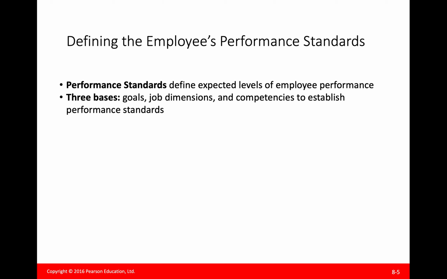So those are different job dimensions, and based on each of the job dimensions, we can develop the performance standards as well. And competencies model, this is repeated during the course, guys. Competencies, based on the competencies, the skills, the knowledge, the abilities required for the job, and then we will have the performance standards.